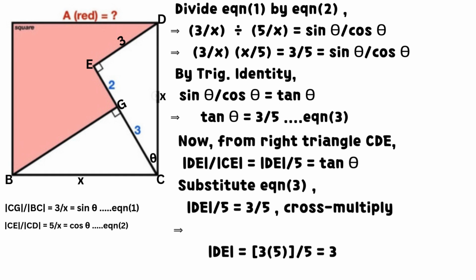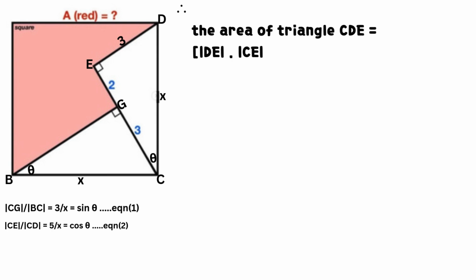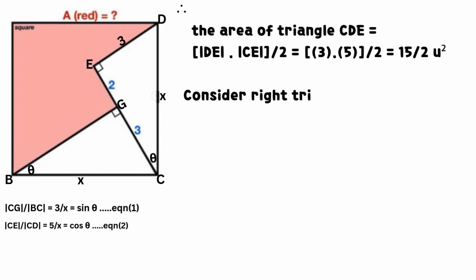Cross multiply, we have that length of line DE equals 3 times 5, all divided by 5, which equals 3. Therefore, the area of triangle CDE equals half the product of length of line DE and length of line CE, which equals half of 15 in square units.